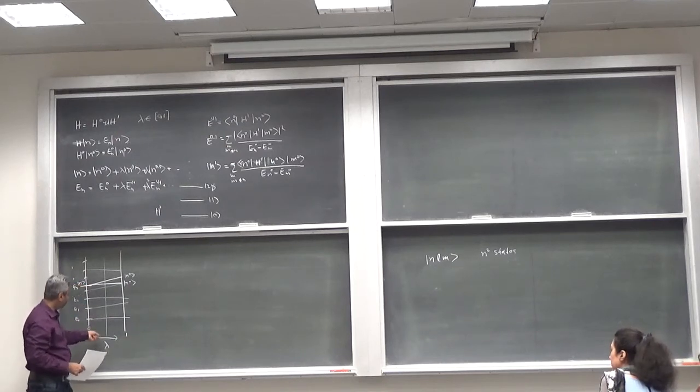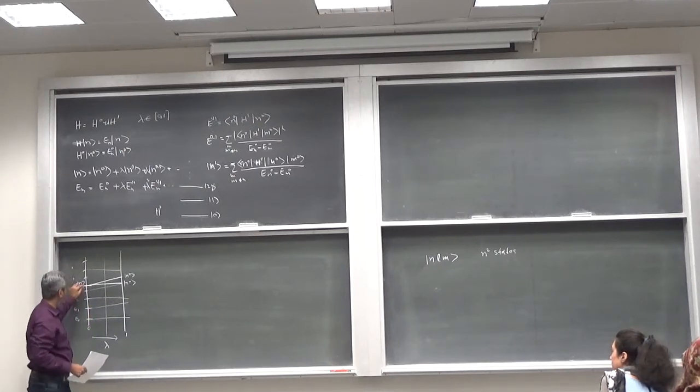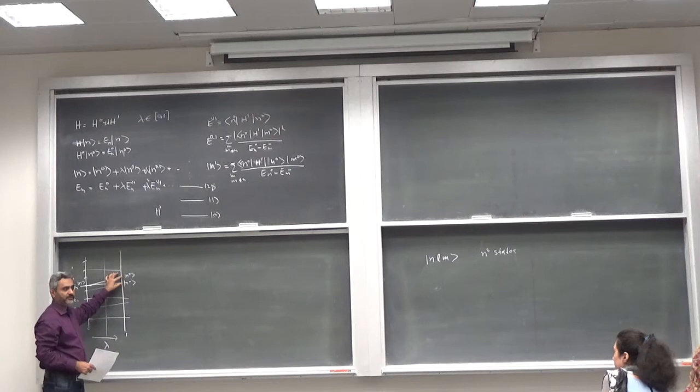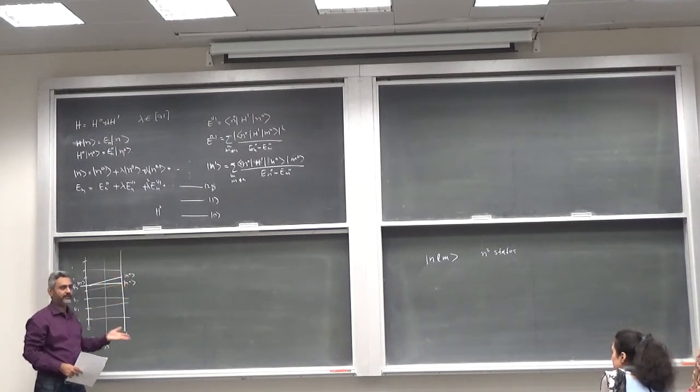When you turn lambda on, these energies are going to be shifted by a little bit, but the most important thing that happens here is that there are two states that correspond to this energy, but now they are distinct. Now they have different energies by a small amount, but nonetheless different energies.